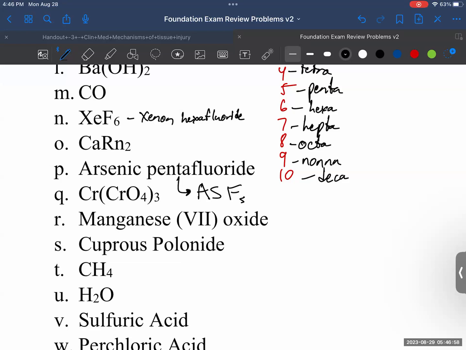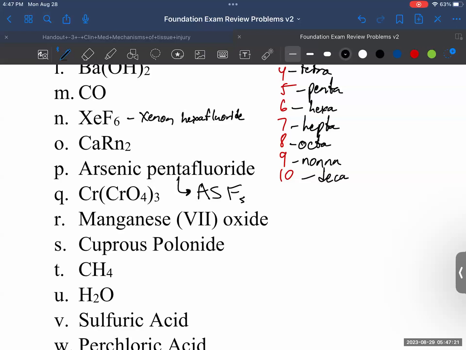So one important thing to note is that for covalent compounds, you only use the prefixes for the second element. For example, with arsenic, you wouldn't say mono arsenic, even though there's only one arsenic. If there's only one of the element, you only use the prefix for the second.